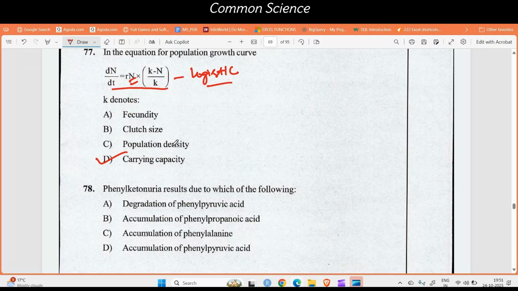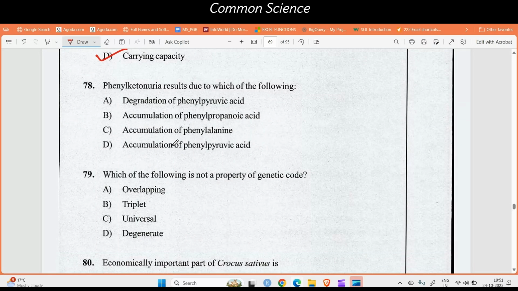Question number 78. Phenylketonuria results due to which of the following? Degradation of phenyl pyruvic acid? No. Accumulation of phenyl propanoic acid? No. Accumulation of phenylalanine? Yes. This amino acid accumulates in the brain and causes phenylketonuria.